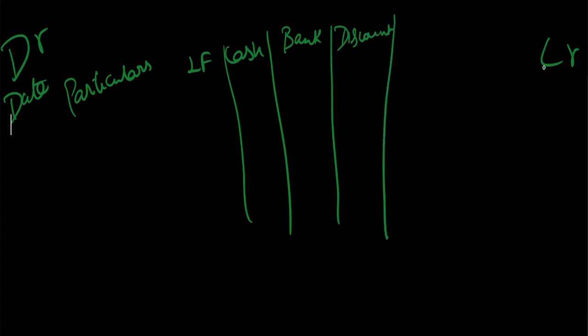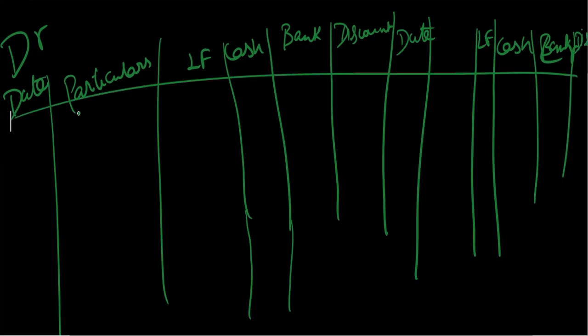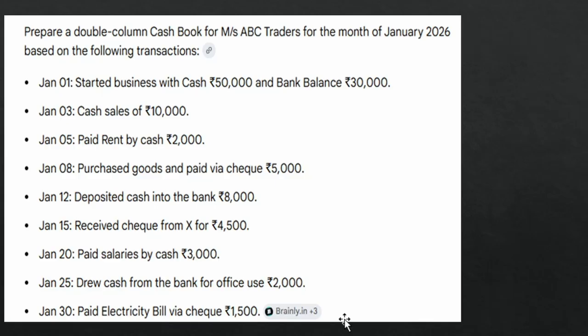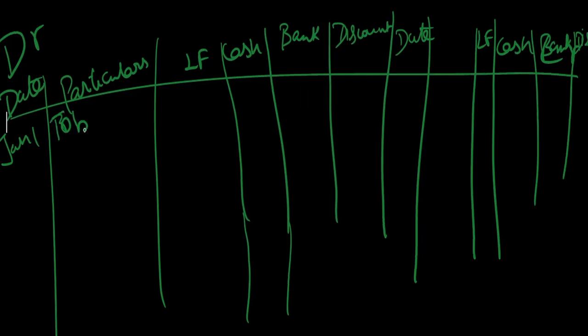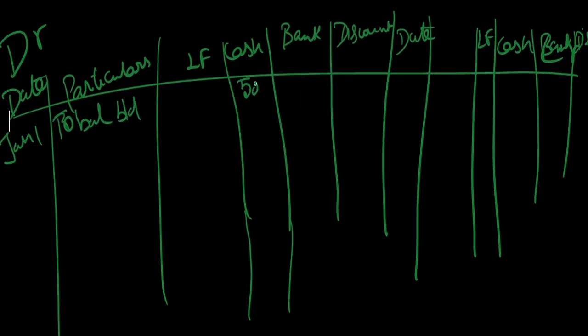Credit side also has cash, bank and discount. So first we have to enter the opening balance. The opening balance of cash is 50,000 and bank balance is 30,000. January 1, to balance brought down, cash is 50,000 and then bank balance is 30,000.